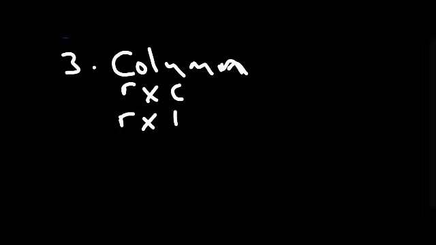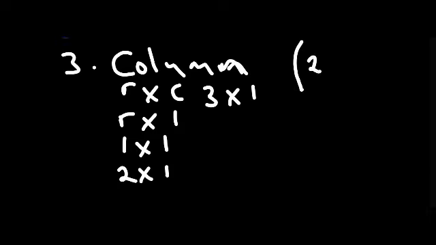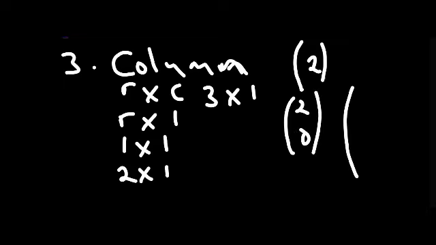So if the number of rows is 1, we have 1 times 1, or you can have 2 times 1, or an order 3 times 1. So implying that you can have a matrix that looks like that, 1 by 1, right? Or a 2 by 1, or a 3 by 1.